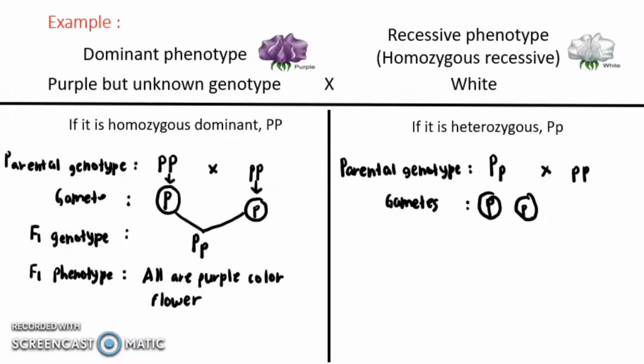And then for the homozygous recessive adalah P kecil. Now we look at the genotype. When you do the crossing, P besar dengan P kecil dekat sini, so dia akan jadi heterozygous. While the other one, P kecil dengan P kecil, so dia akan jadi homozygous recessive.